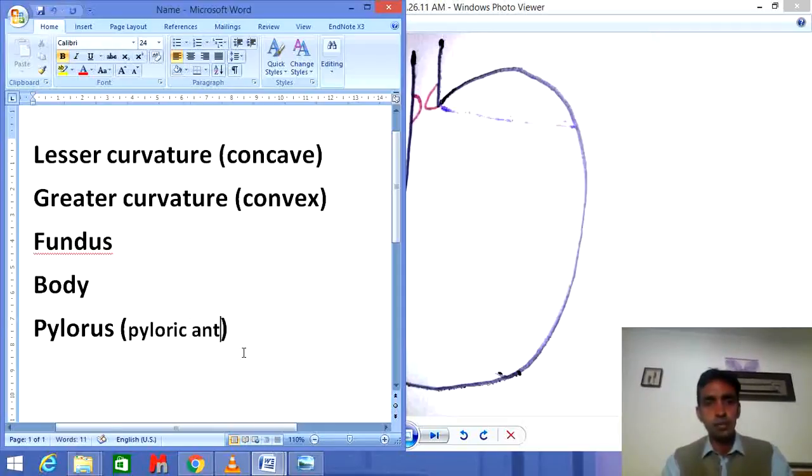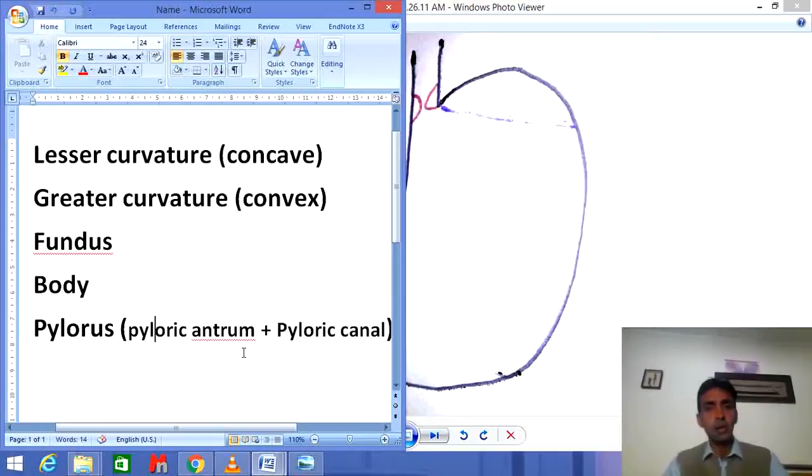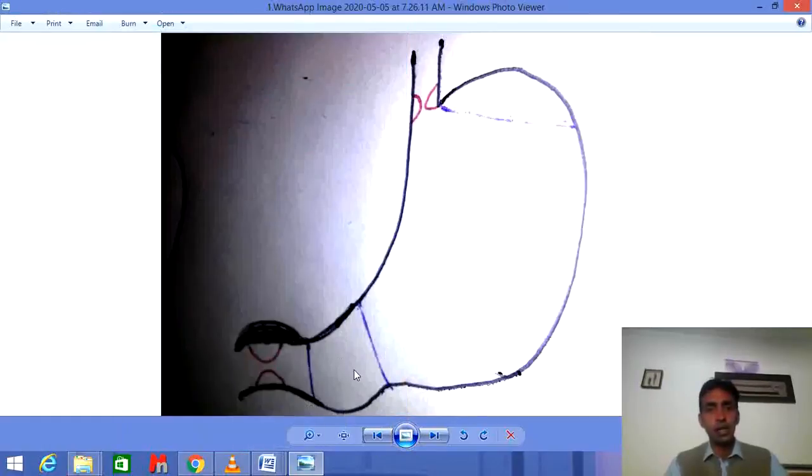The pyloric antrum and pyloric canal combined make the pylorus.